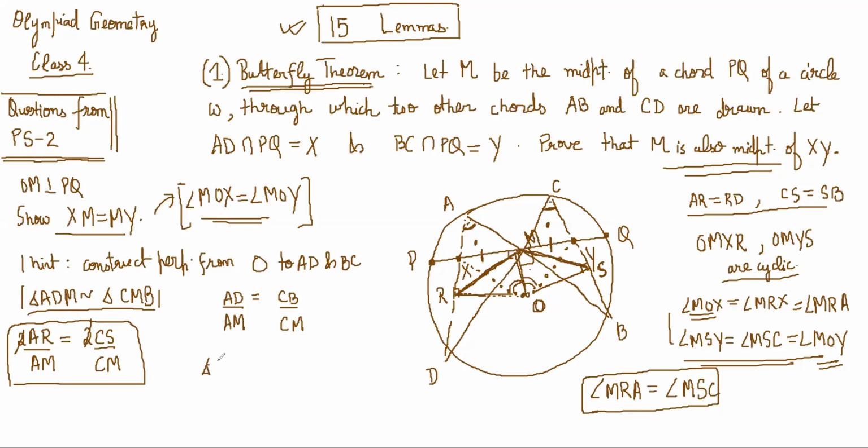So triangle ARM is similar to triangle CMS, which means angle MRA is equal to MSC, and MRA is equal to MOX and MSC is equal to MOY, right? Yes. MOX is equal to MOY and then XM is equal to MY.